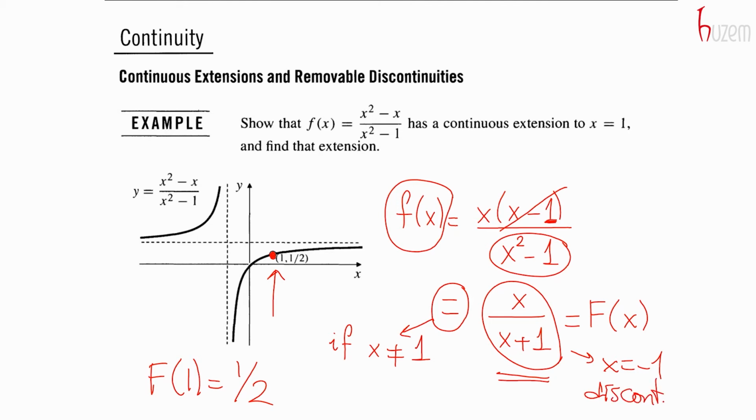So capital F is continuous on its domain, and minus 1 is not in the domain, so it's not continuous at minus 1. So the original function has a continuous extension to x equals 1, but it doesn't have a continuous extension to x equals minus 1. Both capital F and the original f don't have a continuous extension to minus 1. So we can't remove the discontinuity at minus 1.